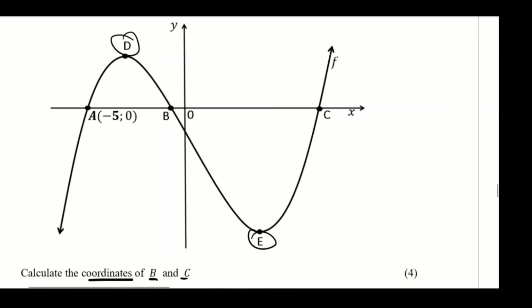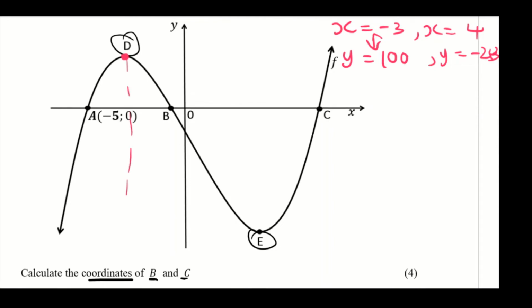So we know the x values of the turning points: x equals minus 3 or x equals 4, and the y values we found: y equals 100 for this one, and y equals minus 243. So for D, you can see that x is equal to minus 3, and here x is equal to 4.